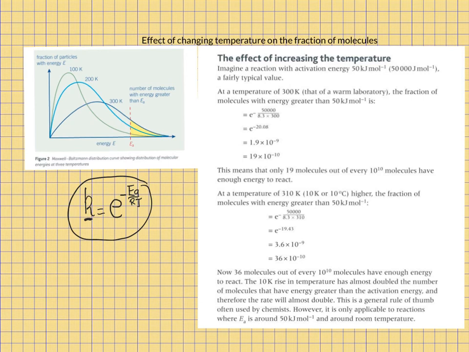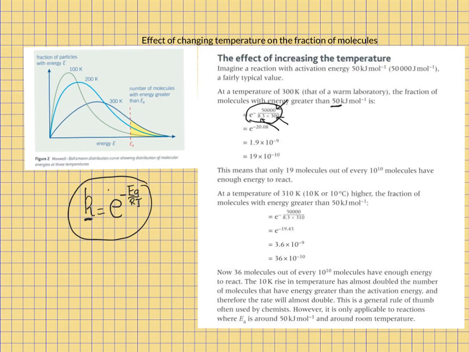So say for example in a typical laboratory that's about 300 K or about 25 degrees Celsius, and we know that the fraction of molecules with energy greater than 50 kilojoules per mole, that's the activation energy, is going to substitute into this equation here. So remember that this factor here is the fraction of molecules with energy greater than the activation energy. So here is the EA, there is the gas constant, and there is the temperature in Kelvin.